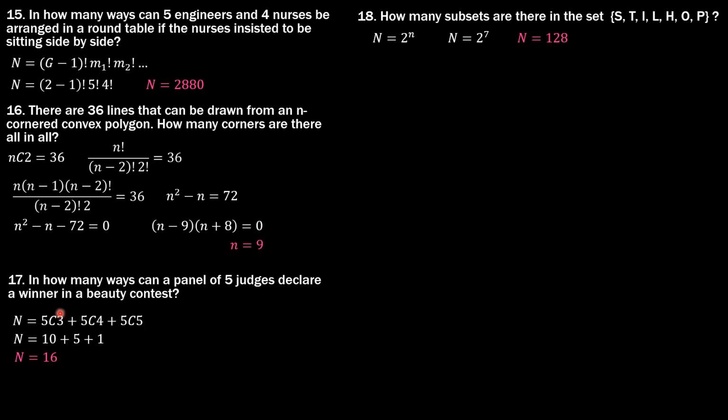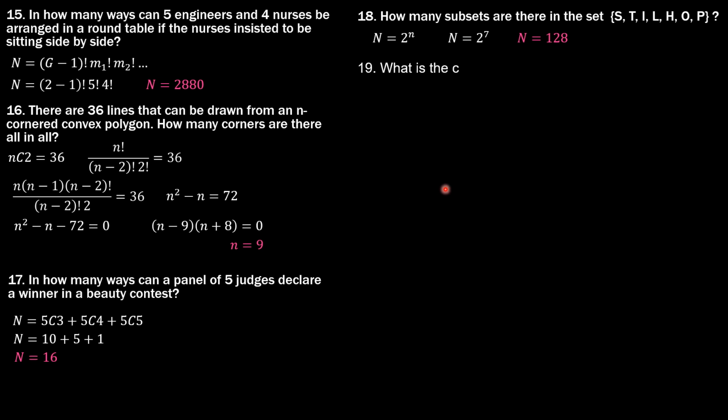So another way of solving this problem, it is equal to 2 to the 5 minus 1, then minus 5 combination 1 minus 5 combination 2. The minus 1 is for 5 combination 0, which cannot be because there are really 5 judges. So that's the other way of solving this problem 17.